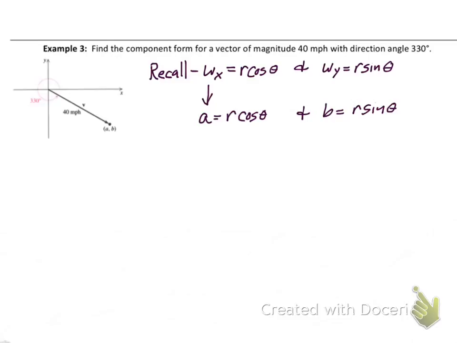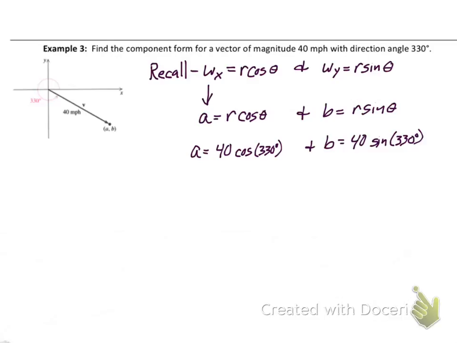All right, so a is going to equal my magnitude, which is 40, times the cosine of my theta, which is 330 degrees. And my b, well, that guy is going to equal 40 times the sine of 330.